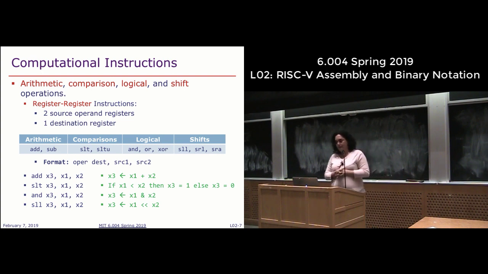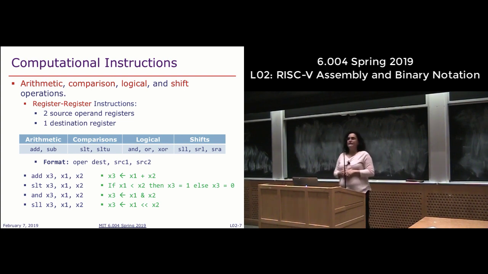Now, one little caveat about this set less than instruction is that you're just setting it to 0 or 1, but the registers are actually 32-bit registers. So you want to keep in mind that the top 31 bits of this number are going to be zeros regardless of which direction your comparison went. It's only the bottommost bit that's going to change.